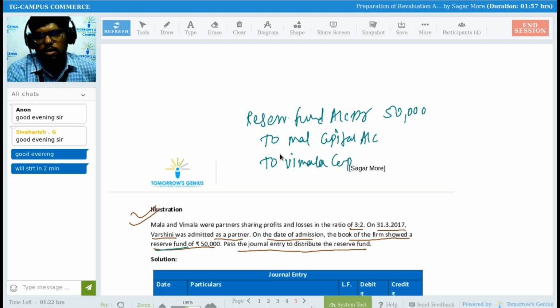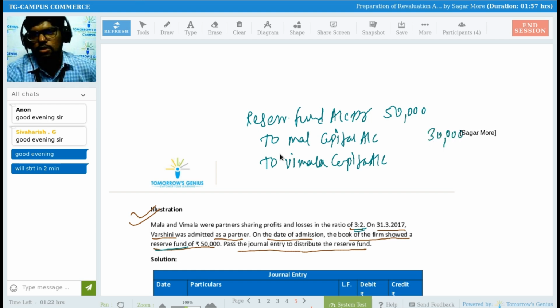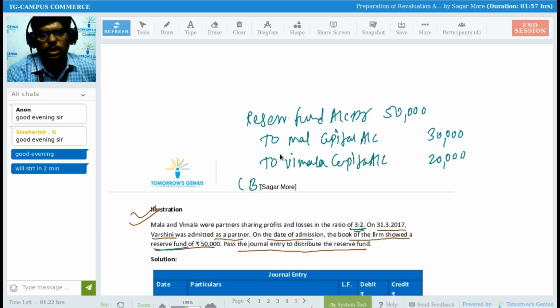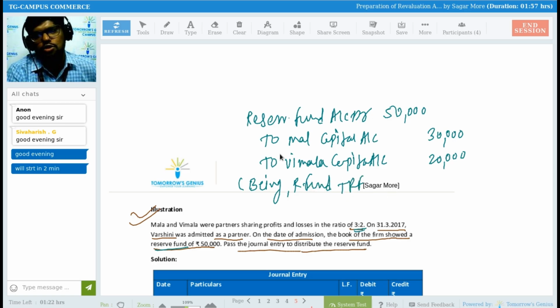We have to distribute in the ratio of 3:2. So tell me, 30,000 and 20,000? Yes. And I need to write down the narration as well: being reserve fund transferred or distributed. Simple.